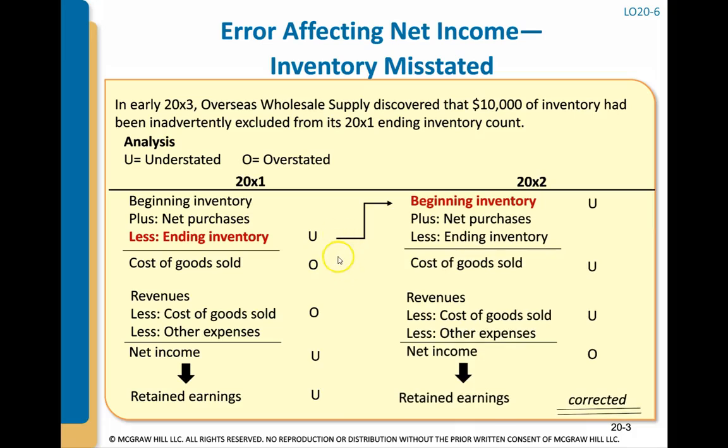So U is understated and O is overstated. And it takes you through year one and year two, what happens and how in this situation it is self-correcting. So you can look at this, but first I'm going to go through a numerical example to outline this because I think it's just a little easier to comprehend, and then we'll come back to this slide.